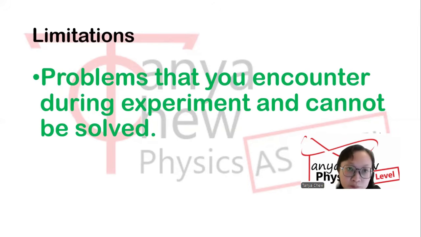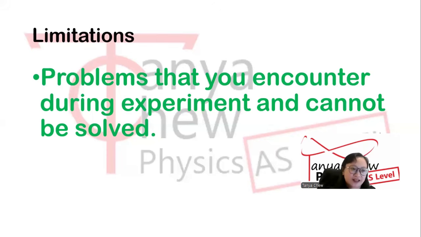That is called a limitation. Most students will write it as "very hard to get". Let's say you're supposed to measure H or rebound height, for example: very hard to get the accurate H value due to air resistance. And since you are asked to state limitations, of course, you are asked to give improvements to the limitations that you have stated.